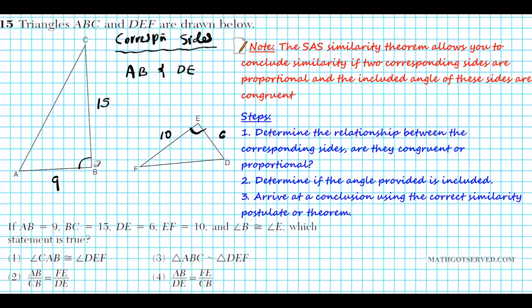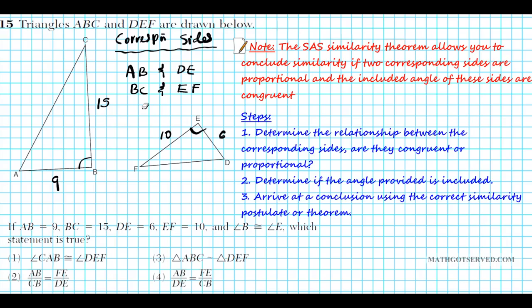Now, the second smallest side in ABC is BC, and in the smaller triangle, the second smallest side after DE is EF. So BC corresponds to EF.